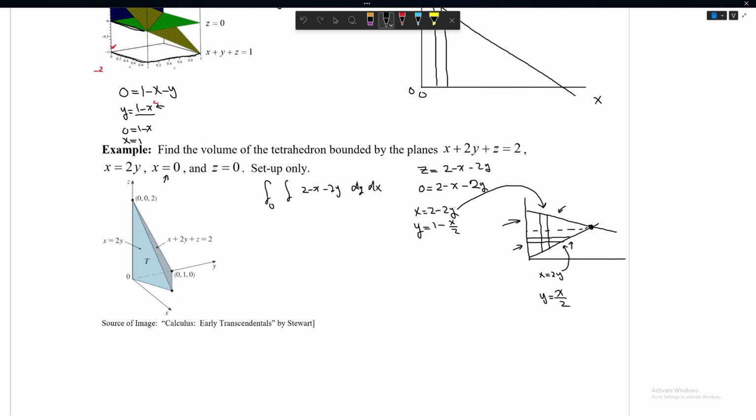Okay, so I took negative 2y to the other side and it became positive, took x to the other side, now it's 2 minus x, divided by 2. This is what you get. Now these are my bounds, but which one goes where? We're going from bottom to top, so the top is 1 minus x over 2. And that's your bound. Oh, we still have our x, forgot about that.